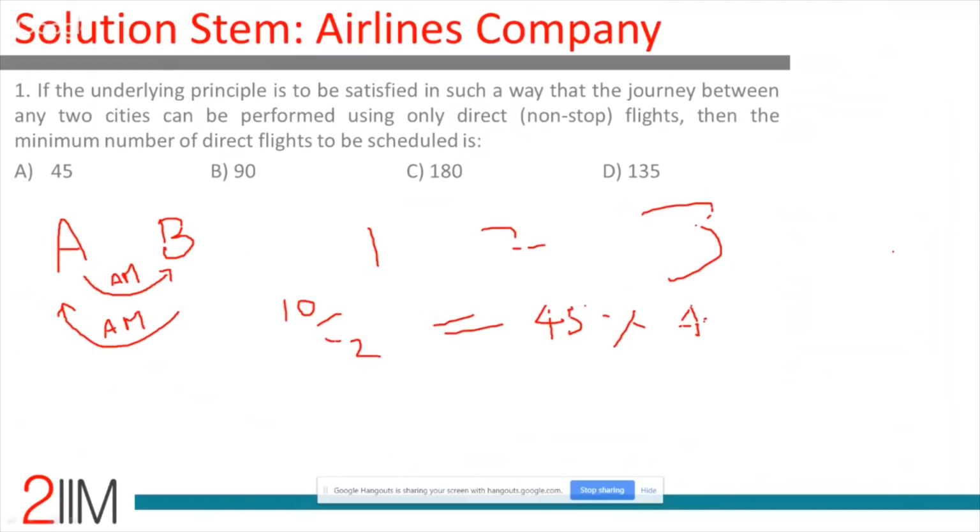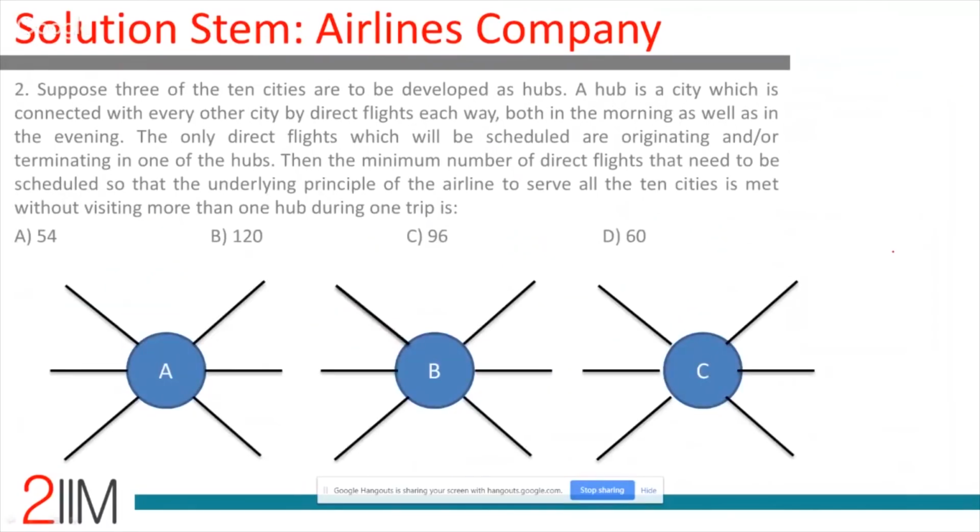That's what we're looking to do. So A to B, B to A in the morning, A to B, B to A in the evening. 4 flights need to be there connecting any two cities out of these 10. You can select 2 cities out of 10 in 10C2 ways or 45 ways. 45 into 4, 180 flights are required, direct flights. Easier question. Say the next one.